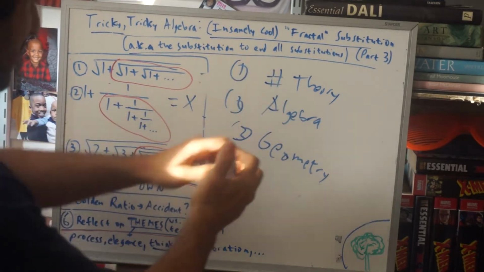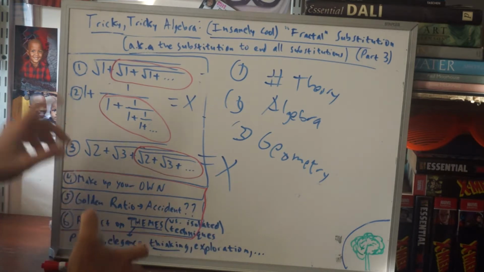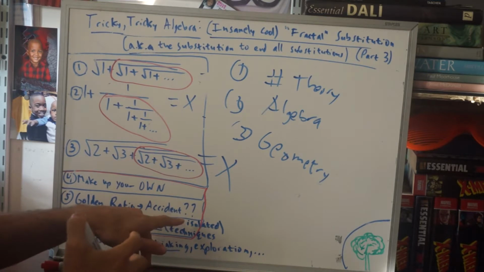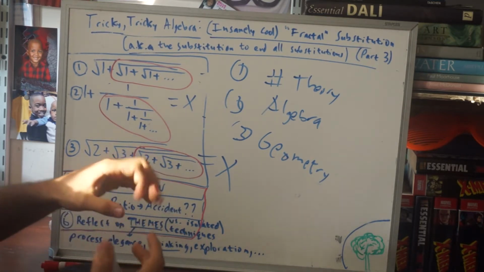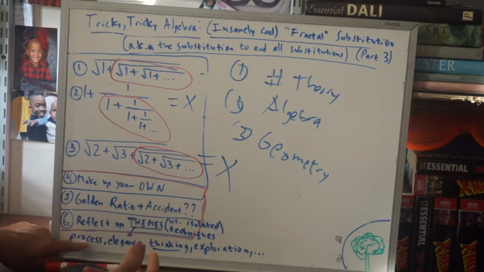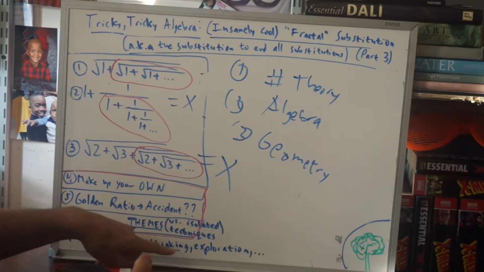As we come to a close, I want to encourage you guys to reflect on some themes that we've seen. Rather than viewing these videos as isolated techniques, I want you to focus on themes. Some themes are focusing on the process, the elegance of solutions, not just getting some ugly solution, thinking, and exploration.